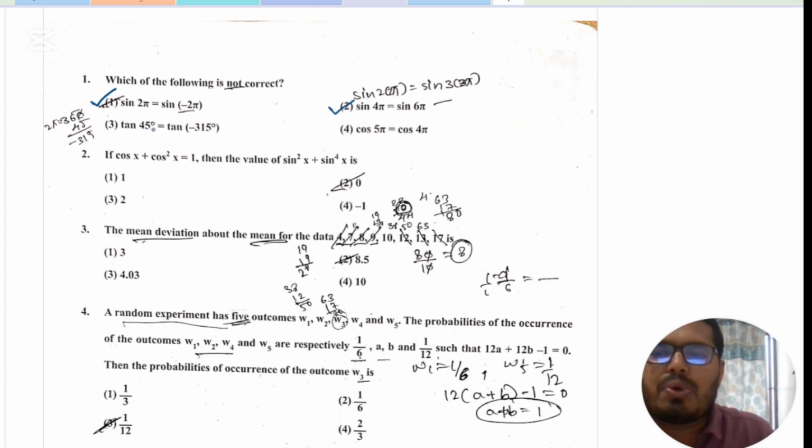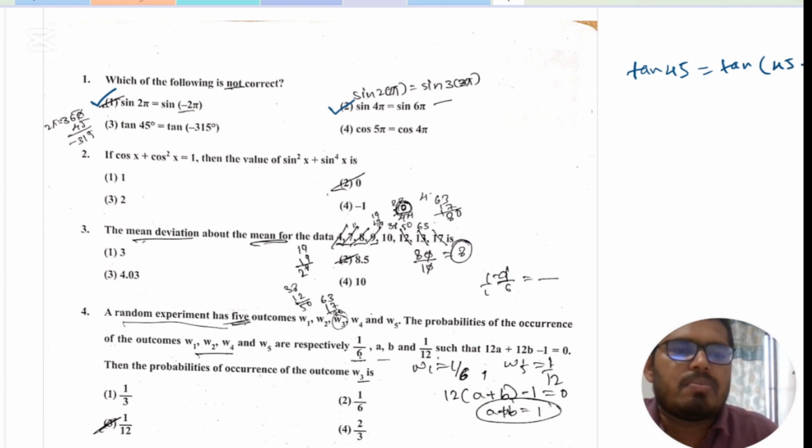Then tan 45 is equal to tan of minus 315. Tan 45 is also equal to the tan of 45 plus 360 degrees.